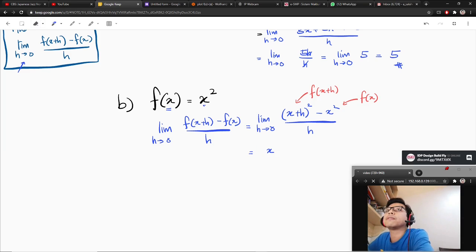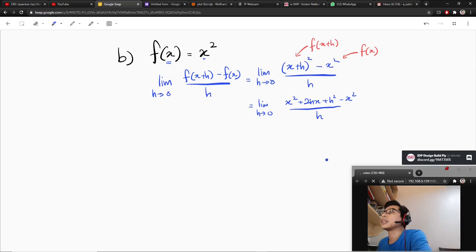Let's expand that first. The limit as h approaches 0 of x squared plus 2hx plus h squared, minus x squared, divided by h. I'm expanding this right here.